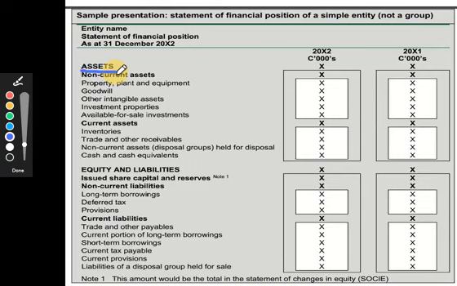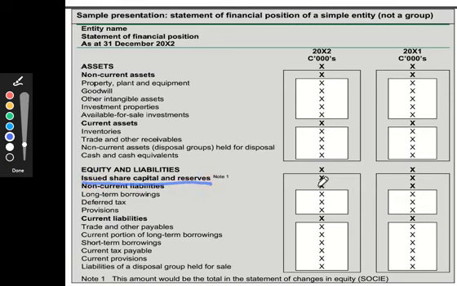Okay, then we have our two sections. The top section is assets and the bottom section is equity and liabilities. This is further broken down. Your assets section is broken down between non-current assets and then current assets, and they are listed in the order of liquidity. Your bottom section is then split into your equity portion, and this is called issued share capital and reserves.